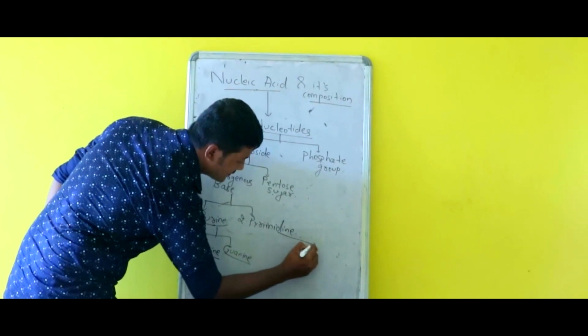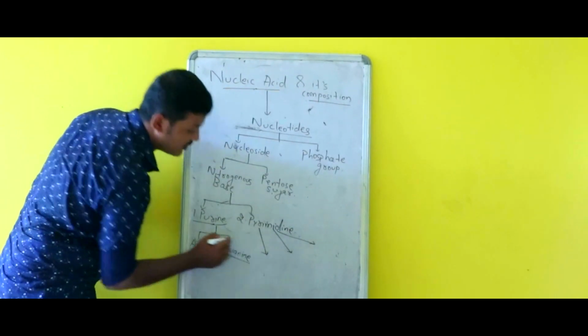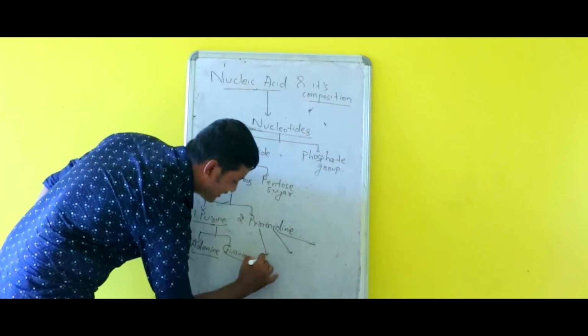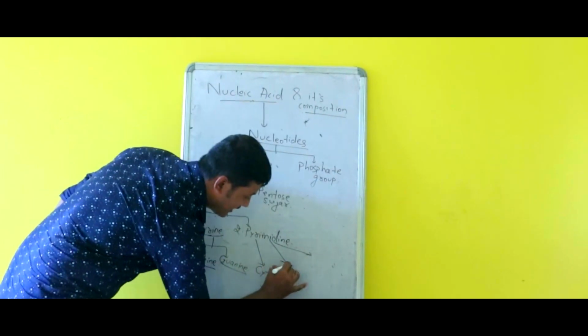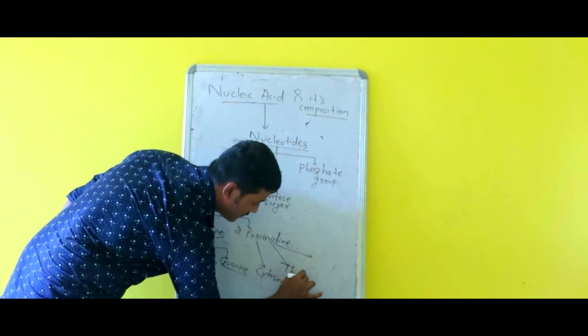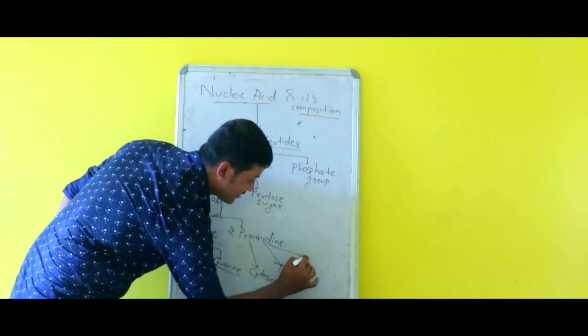Pyrimidines are of three types. Remember, first one is cytosine, then thymine, then uracil.